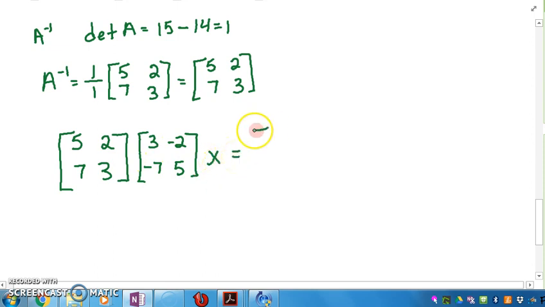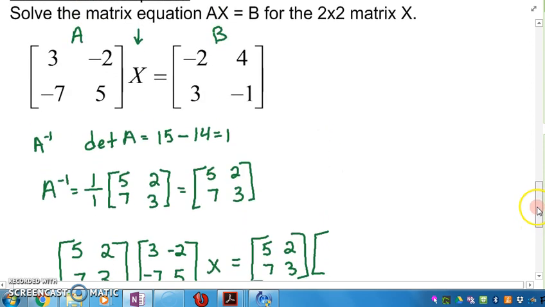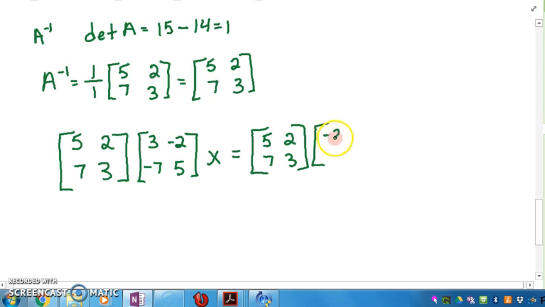And on this side, again, we have A inverse, 5, 2, 7, 3, times matrix B, negative 2, 4, 3, negative 1.